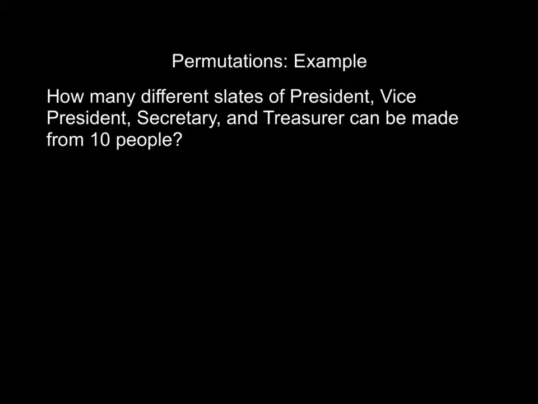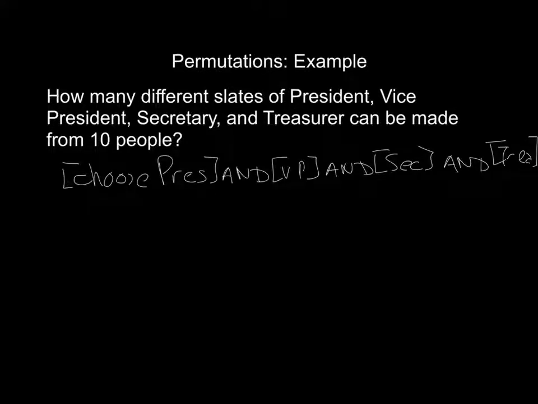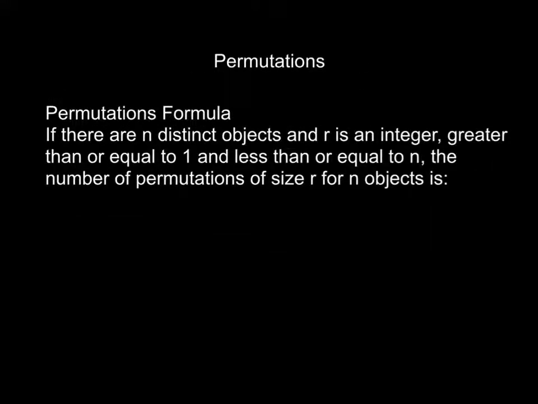Another example, how many different slates of president, vice president, secretary, and treasurer can be made from 10 people? Again, this is a process. We choose our president, and then we choose our vice president, and then secretary and treasurer. With 10 people, this can be done 10, and then 9, 8, and 7 ways. There is a permutation formula.